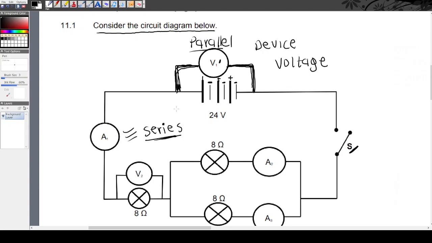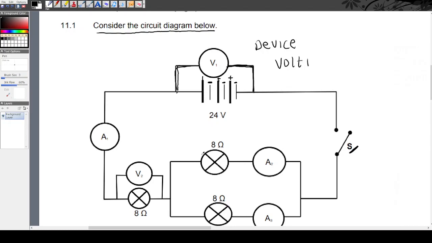Okay, let me not waste time. We're saying ammeter is connected in series, voltmeter is connected in parallel. So in other words, if I want the voltage of the 8 ohm resistor, I would have to connect the voltmeter like this, V, connected in parallel to that 8 ohm resistor. Okay, we are required to find the reading in V1.